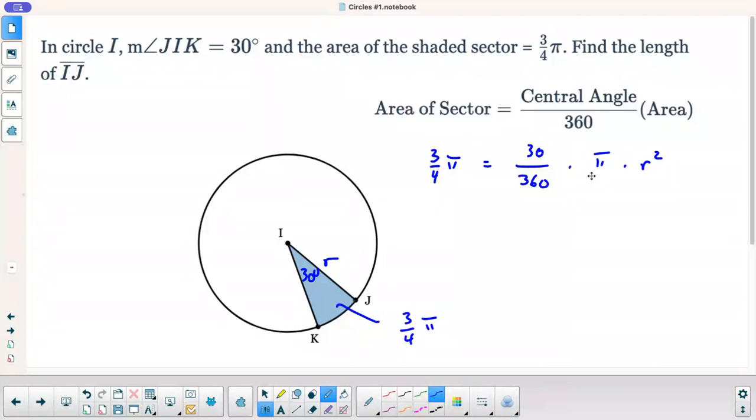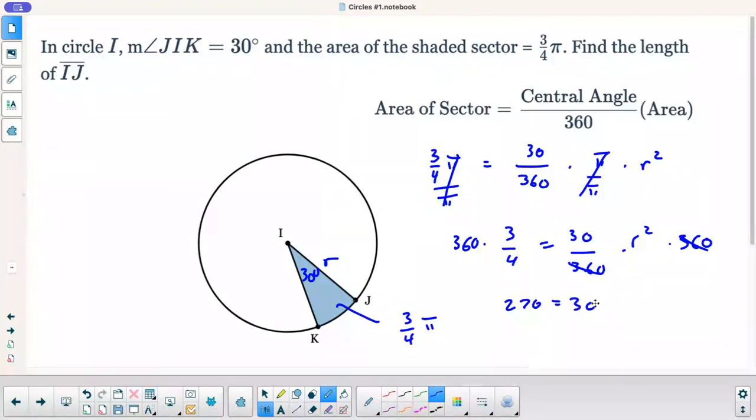I'm going to do this a little differently this time. I'm going to divide each side by pi to start. So pi's cancel. Let's multiply each side by 360. That gets rid of that. So I get 270 equals 30r squared.